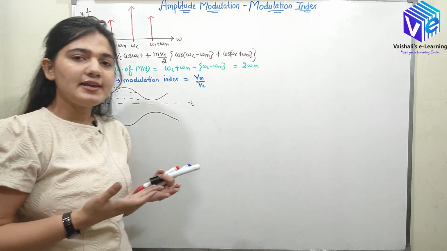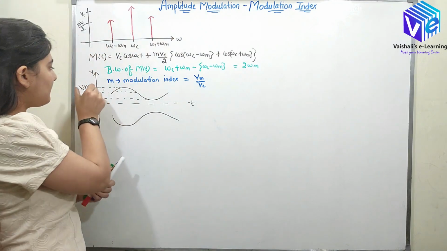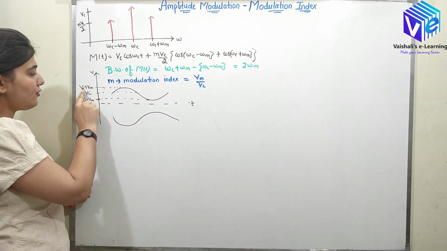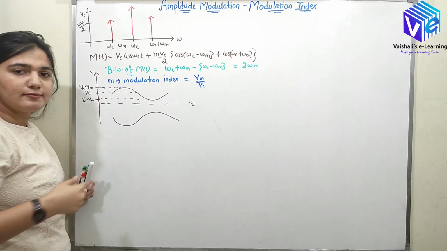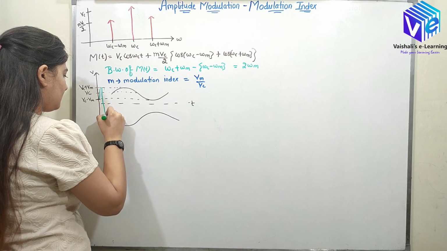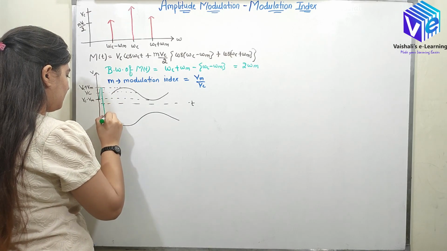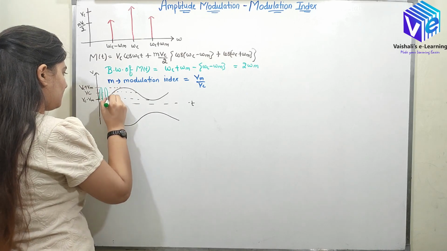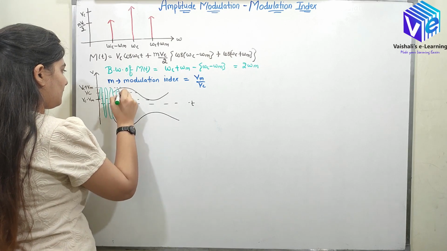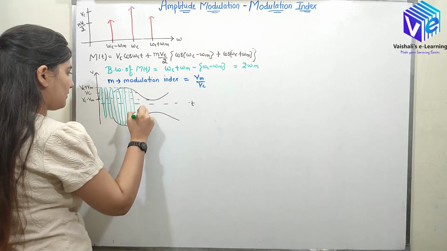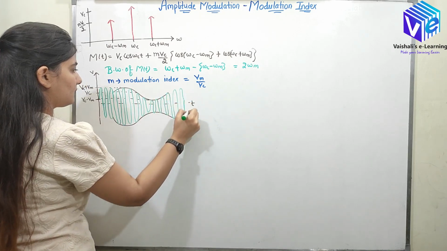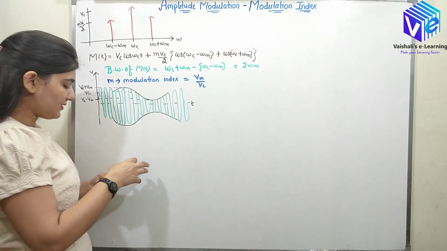When the carrier signal is added with the message signal, the amplitudes add. The amplitude of the carrier was Vc and of the message signal was Vm, so the highest was Vc plus Vm and the lowest was Vc minus Vm. This signal is the amplitude modulated signal.